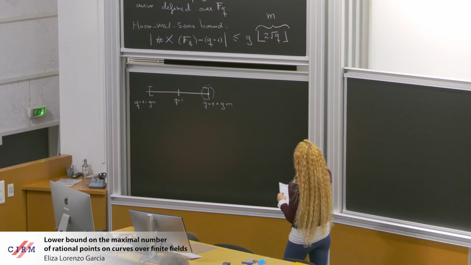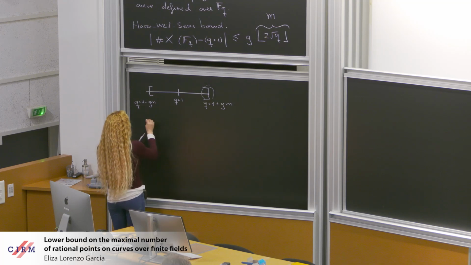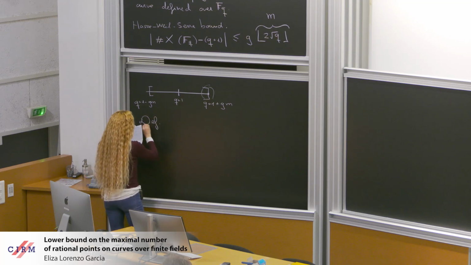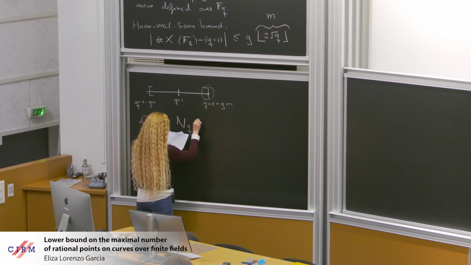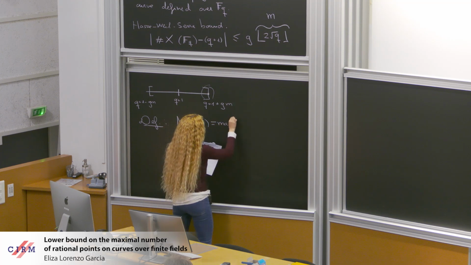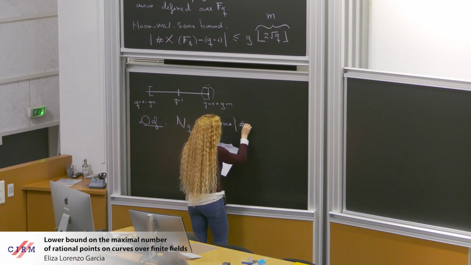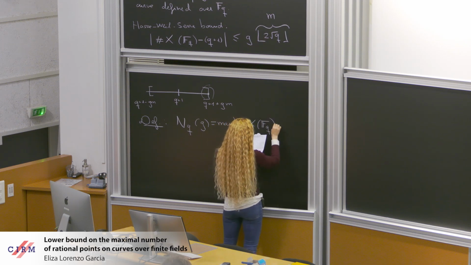So for that, I want to give another definition, another concept. First I define this quantity, N_q(g), that is going to be equal to the maximal number of points that a curve X over FQ of genus g has.